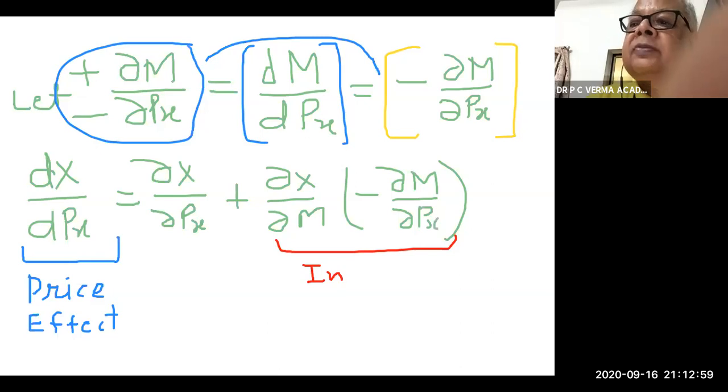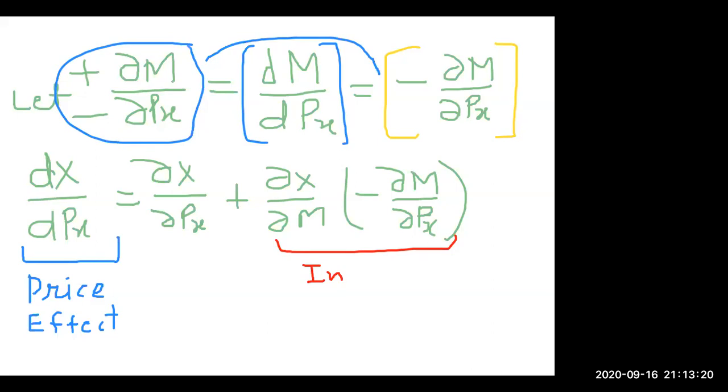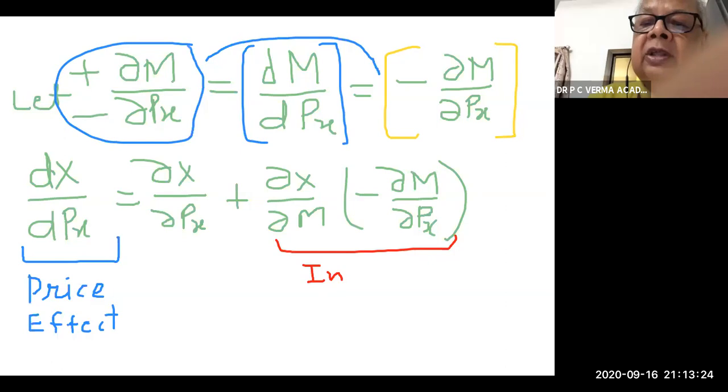Del px. So del m by del px will be written here, and del x by del m from the previous equation.